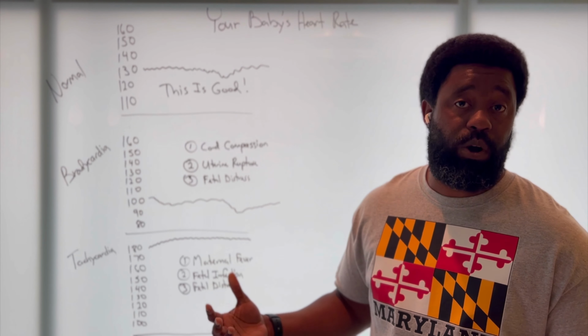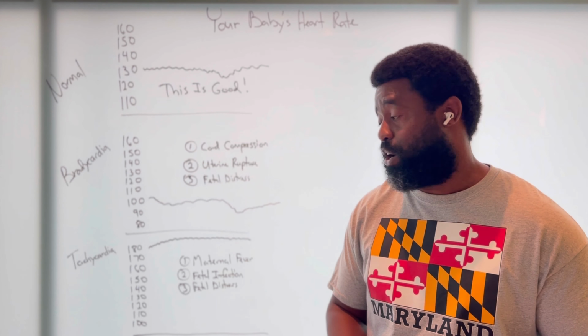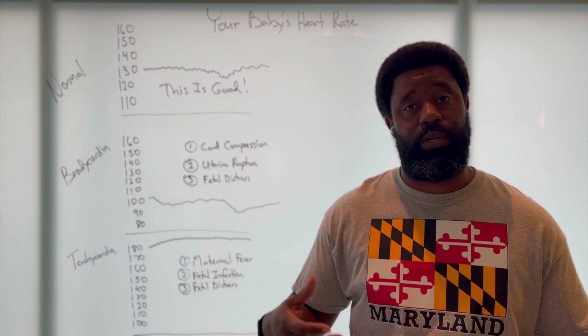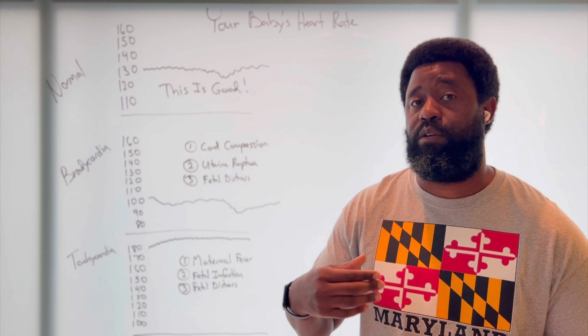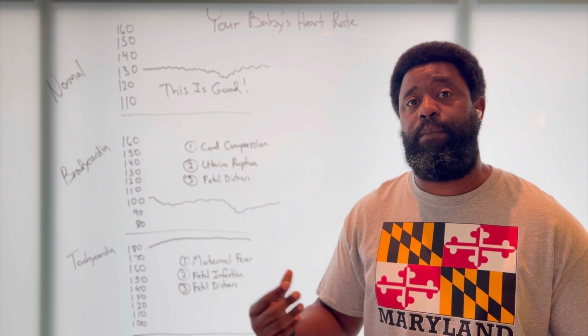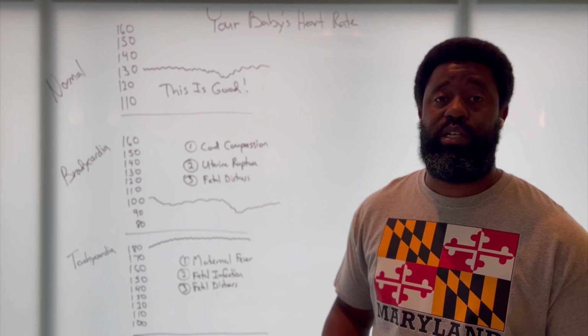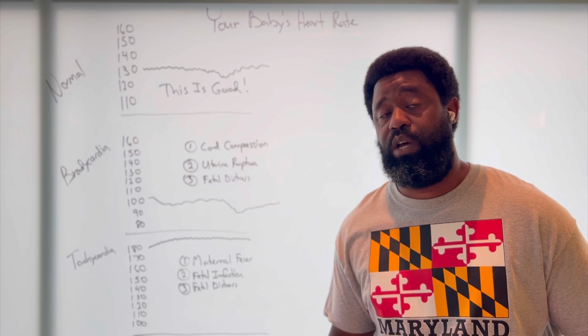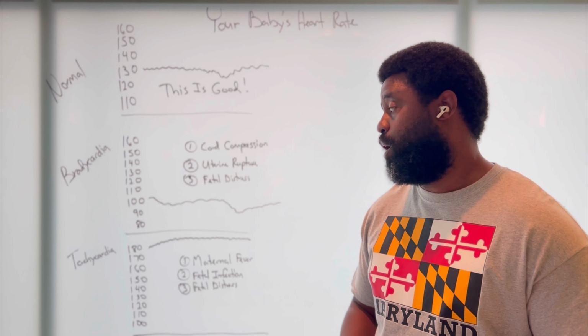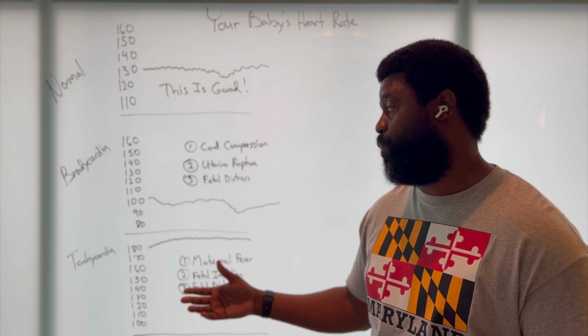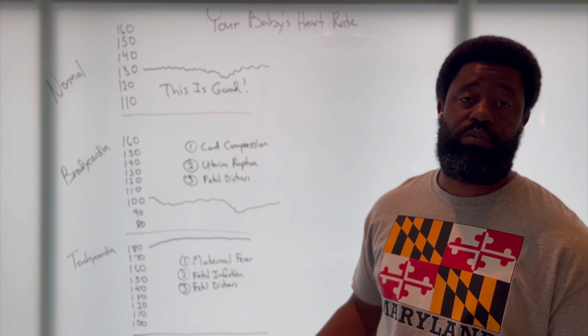There could be multiple causes for fetal tachycardia. Number one is maternal fever. If mom is dealing with a fever, that can in some instances lead the baby to have tachycardia. In addition, if the baby has a fetal infection, that can also in some instances lead to tachycardia and, of course, fetal distress.